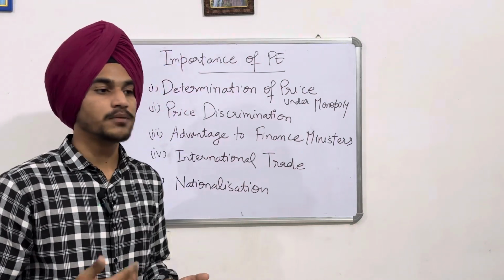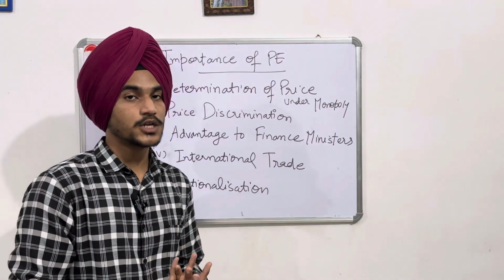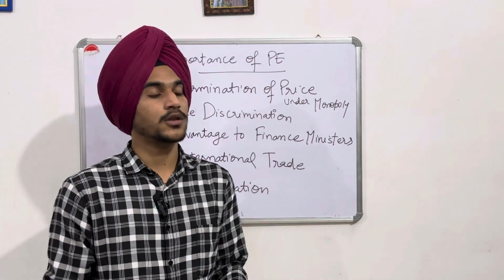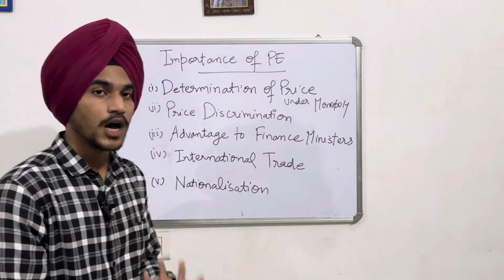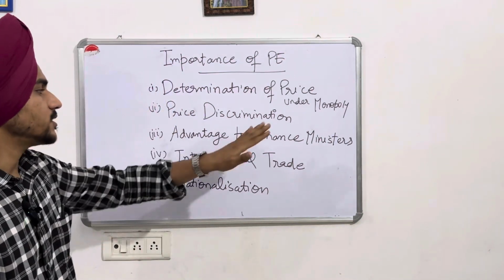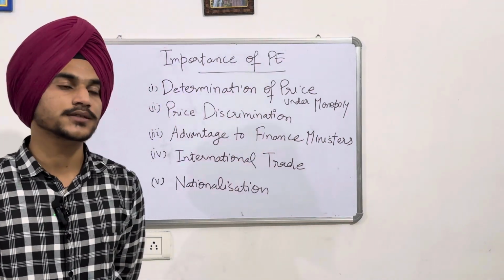So you cannot levy much tax on that product. And if the price elasticity for any product is inelastic, then you can levy more tax on that product. So this is how the concept of price elasticity helps our finance ministers to levy the tax.